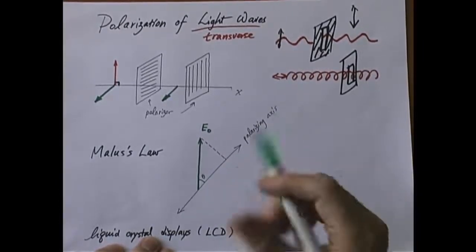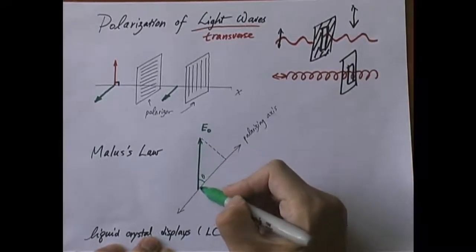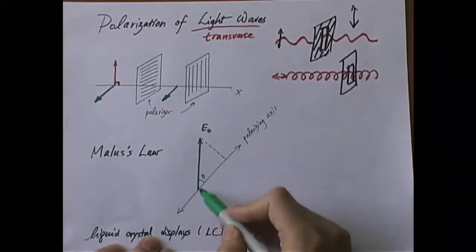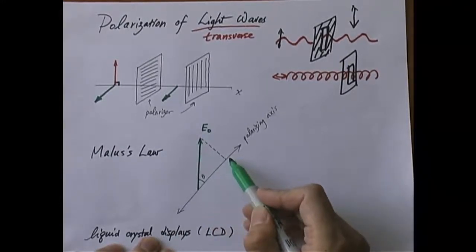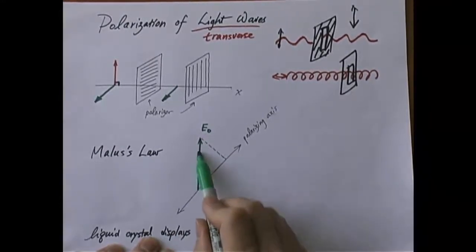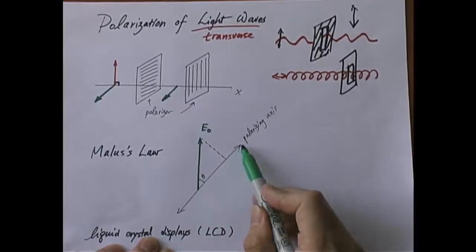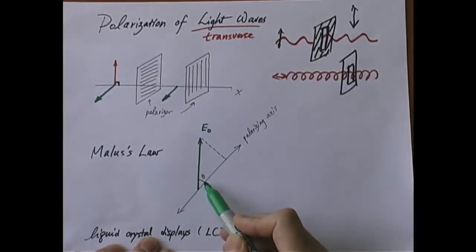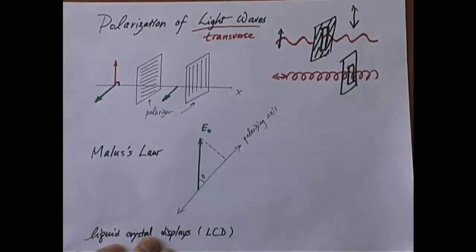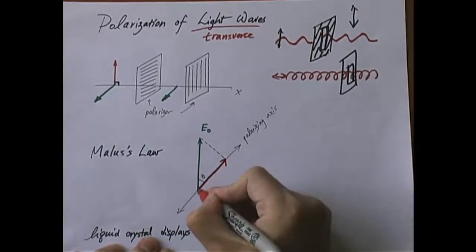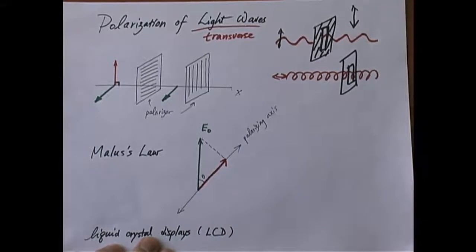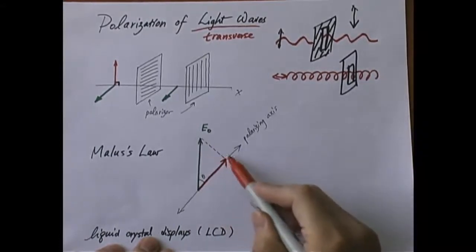Now the original electric field has two components. One is along the polarization direction, the other is perpendicular to it. The angle between the original E field and the polarization axis is theta. So what happens after going through the polarizer? This component can go through because it's along the polarization direction, and that component has been removed.